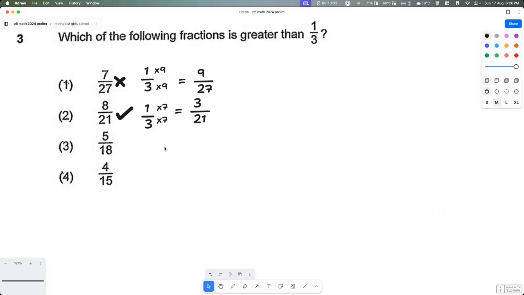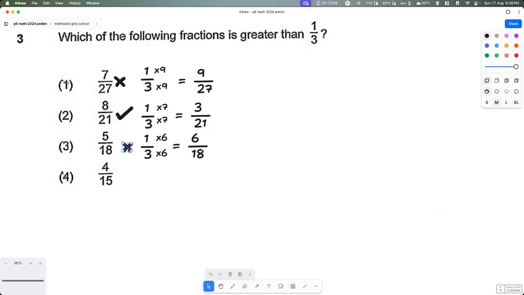Okay, we can move on to the next one. So 1 out of 3. For 18, that means we need to multiply by 6, so this means both by 6 as well. So this will equal 6 out of 18. So sadly, this is not correct.